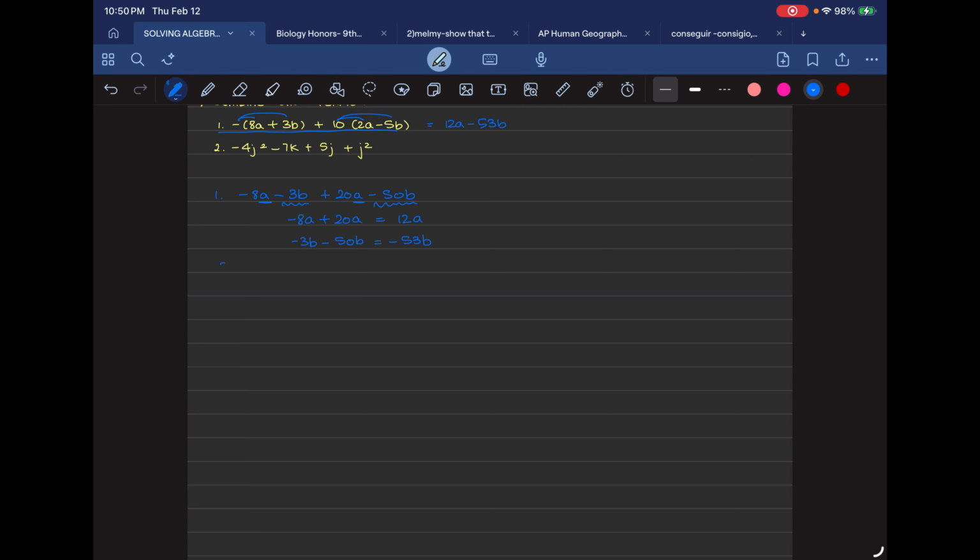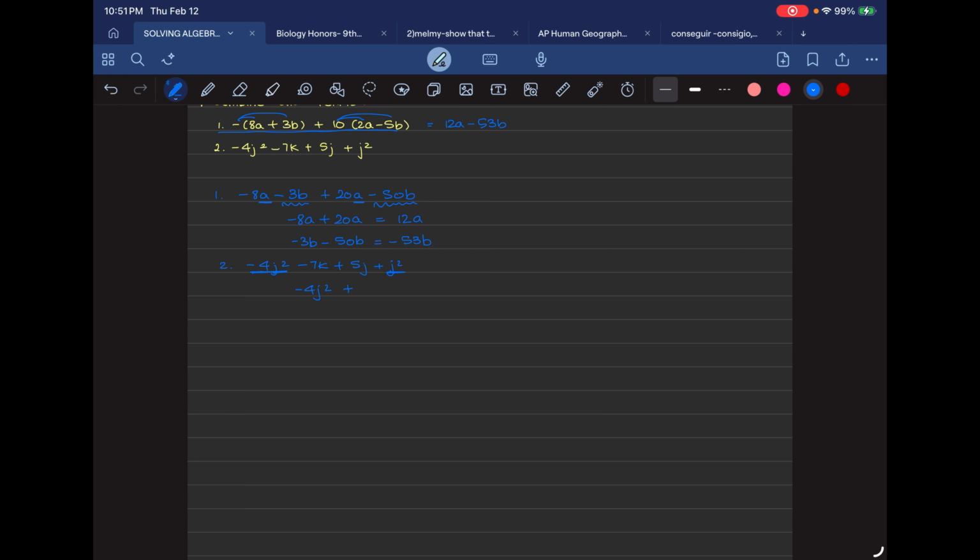Let's move on to the second question. It says negative 4j squared minus 7k plus 5j plus j squared. Because j squared, they're like terms. So minus 4j squared and j squared, they're like terms.